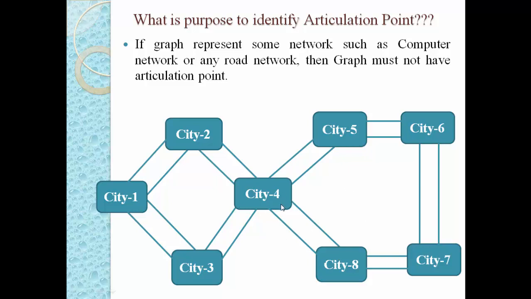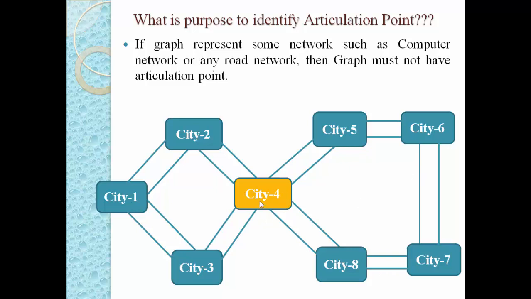Now suppose in some days there is a problem with city 4, and because of this problem we cannot cross city 4. At that time we cannot reach from city 2 to city 5, or city 2 to city 7, or we can say we cannot reach from any city of this part to any city of this part because of the problem with city number 4.